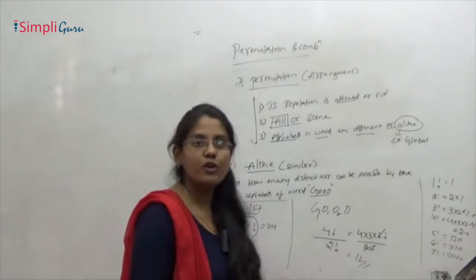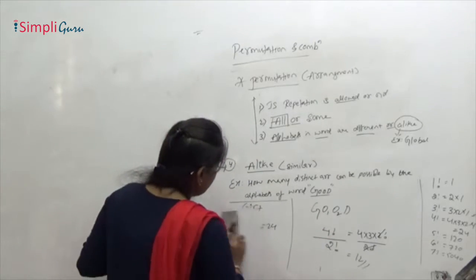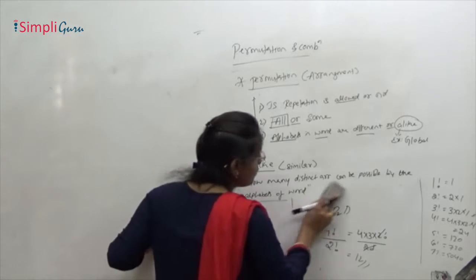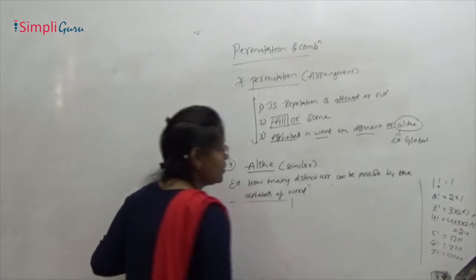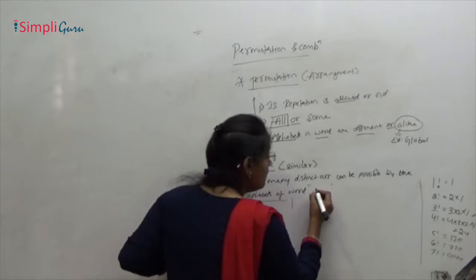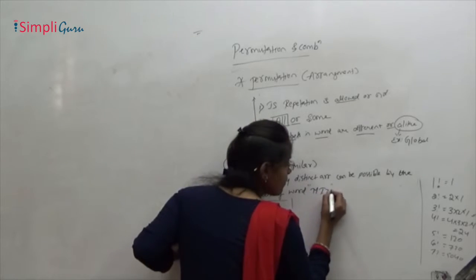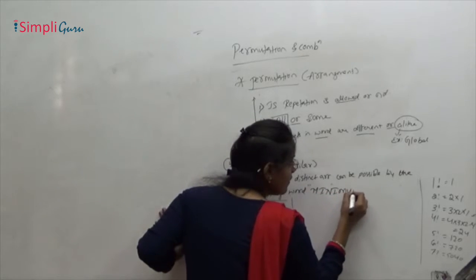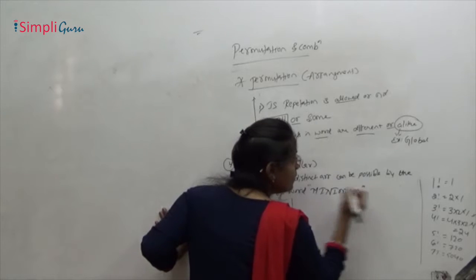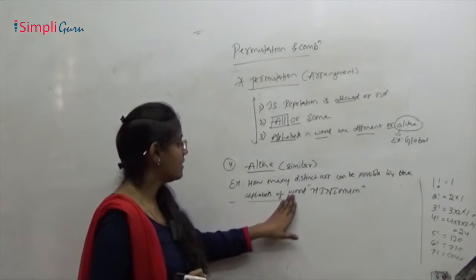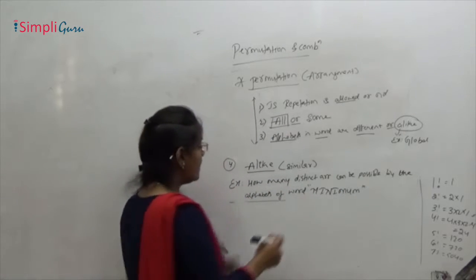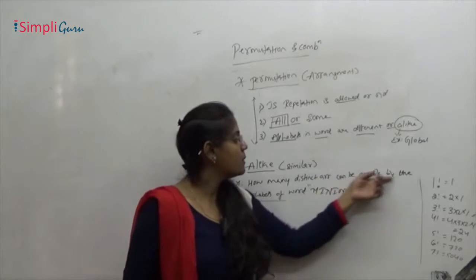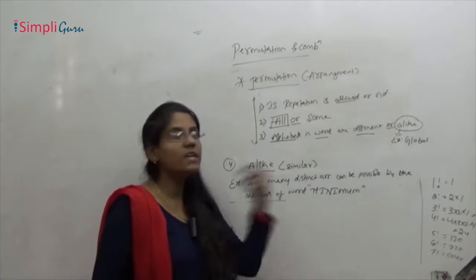Okay, I will take two more examples, so you will get a clear picture of the alike kind of questions. We will take the word minimum. How many distinct arrangements can be possible by the alphabets of the word minimum?